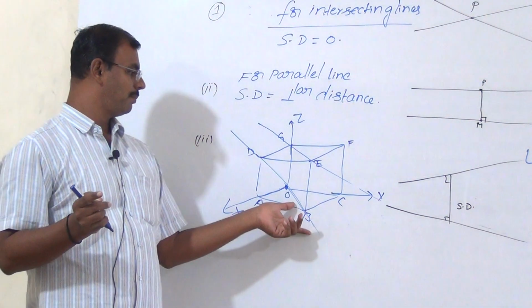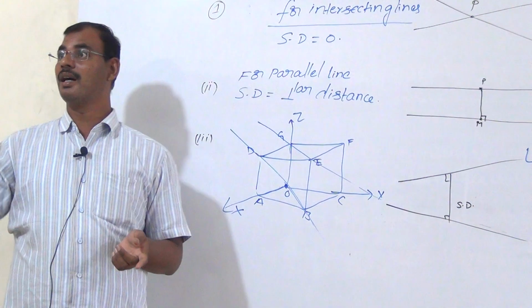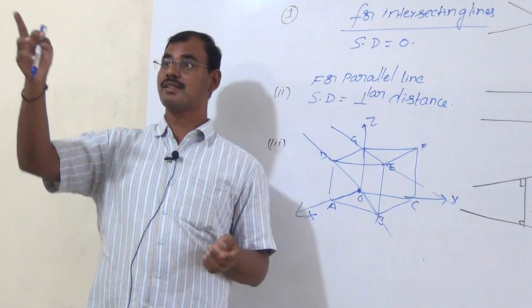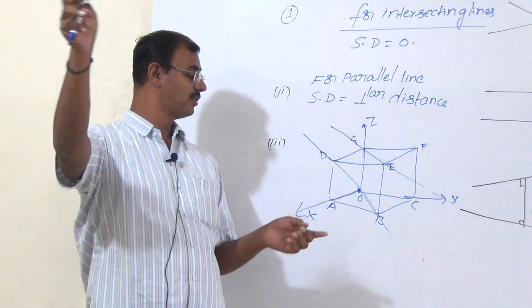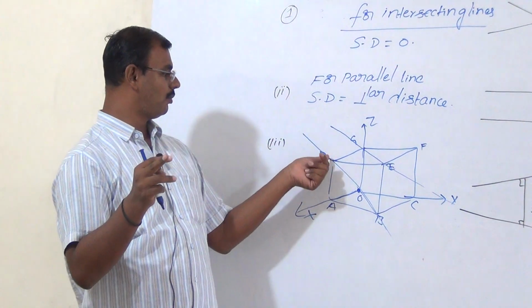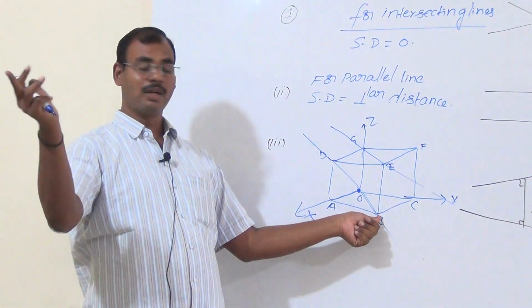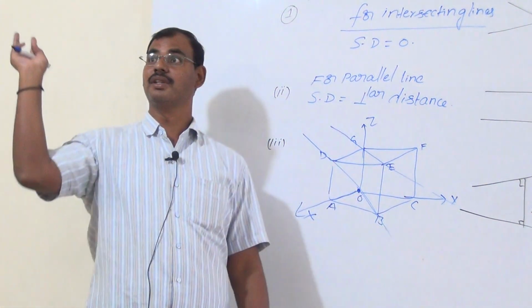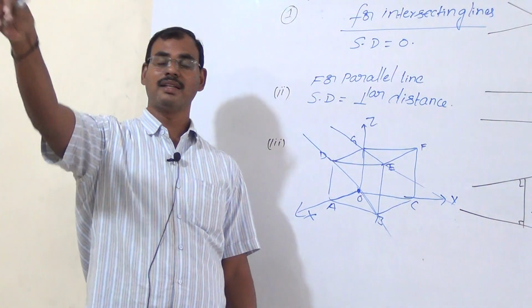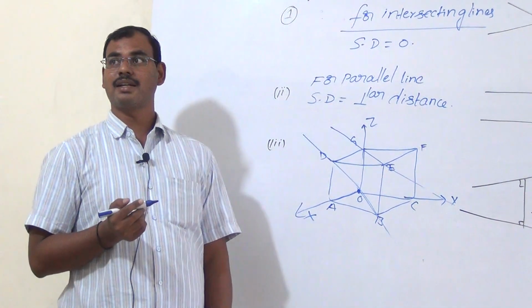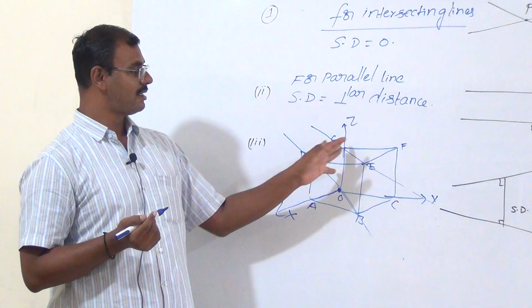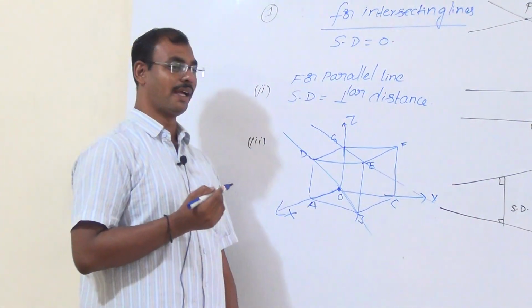Next, what is the BD line? Observe that here, one ceiling and one down corner. So this is the DB. This is the ceiling corner, this is the wall down corner only. So join that. This line and this line are neither intersecting nor parallel. Hence these lines are called skew lines.